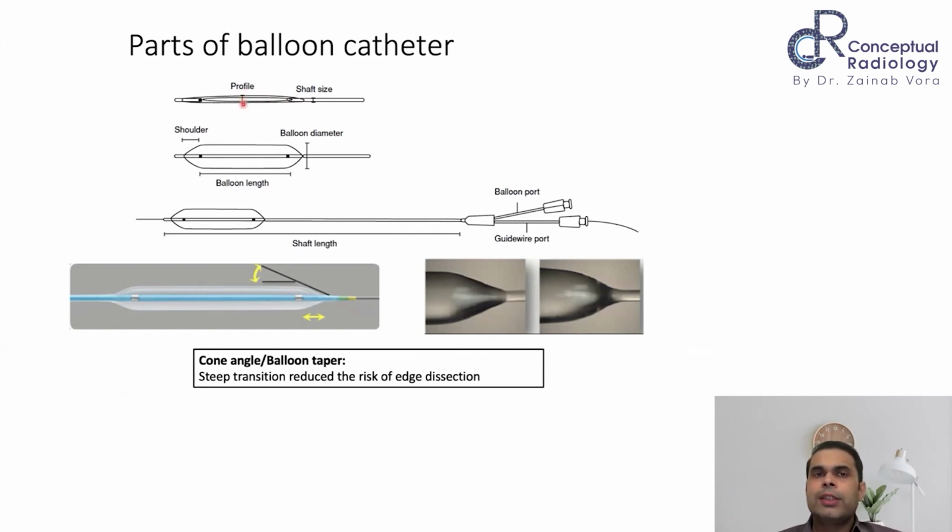So if the box said that it can go through a 6 French sheath, when we use a reusable balloon, we try to take a sheath one size higher because it becomes difficult for the reused balloon to go into that sheath. Then you have two ports at the end with two hubs.